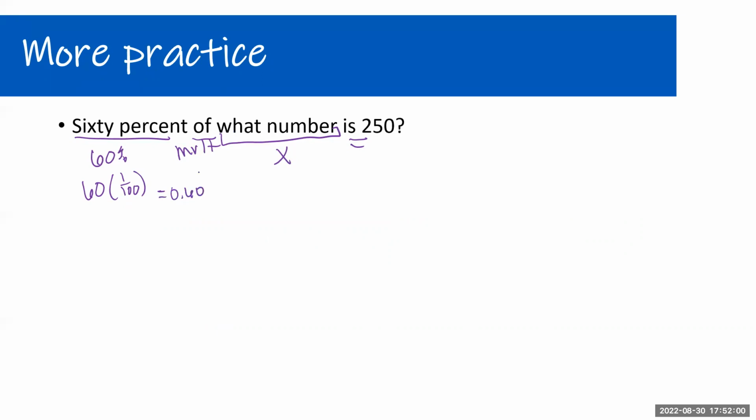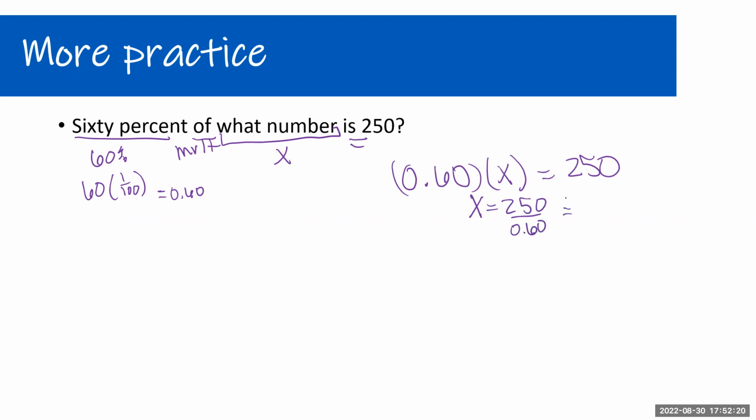Whichever way it makes sense to think about that. So we know that 0.60 times some number equals 250. If we divide each side by 0.60, we're going to get X equals 250 divided by 0.60, which is going to give us 416.7 rounded to 1 decimal place.